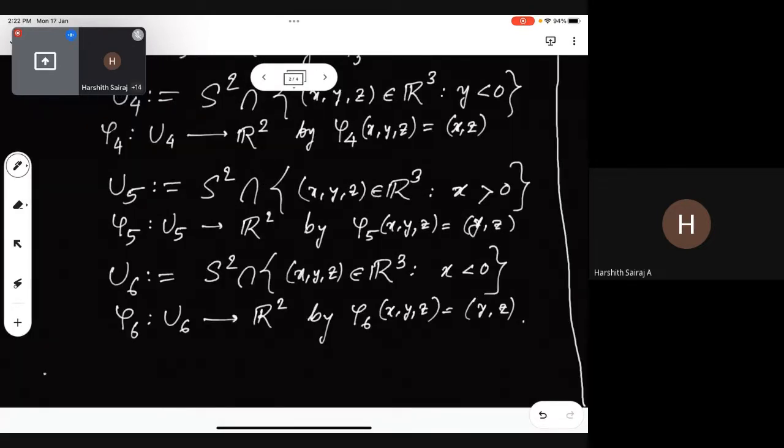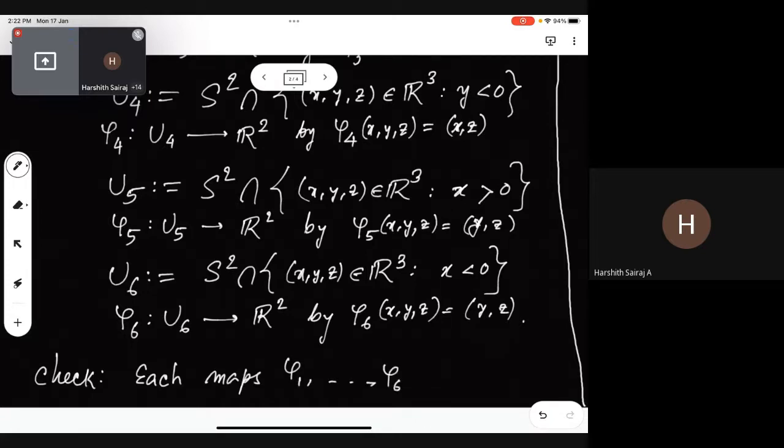So check that each of the maps phi1 through phi6 are homeomorphisms.